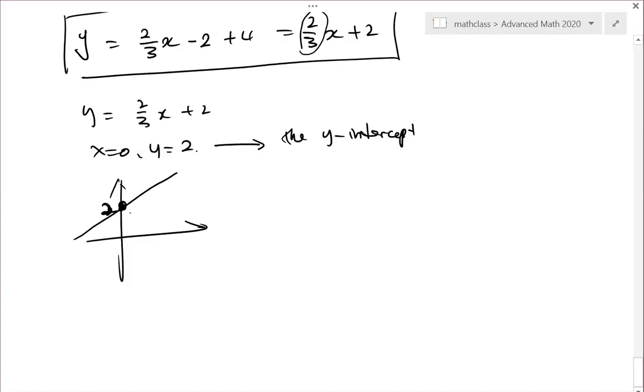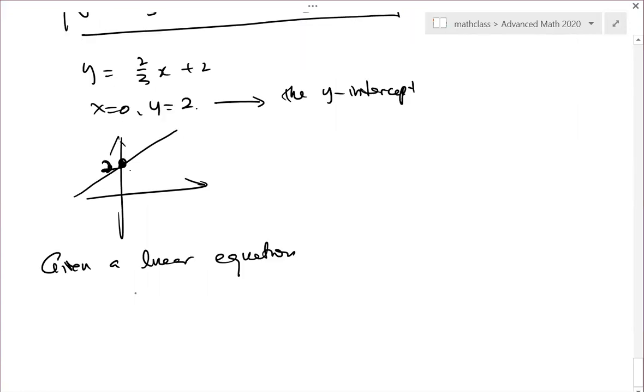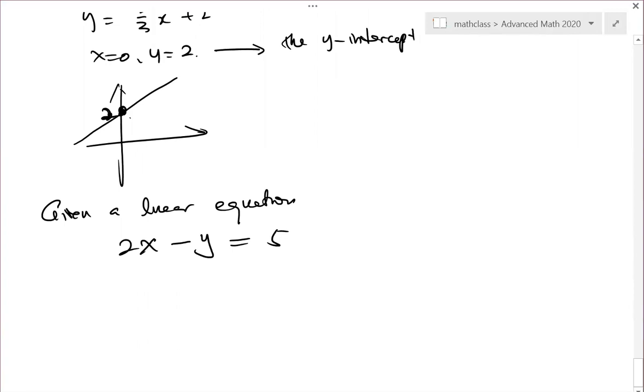So conversely, given an arbitrary linear equation, like 2x minus y equals 5, maybe minus 3 here, what can you read from that?